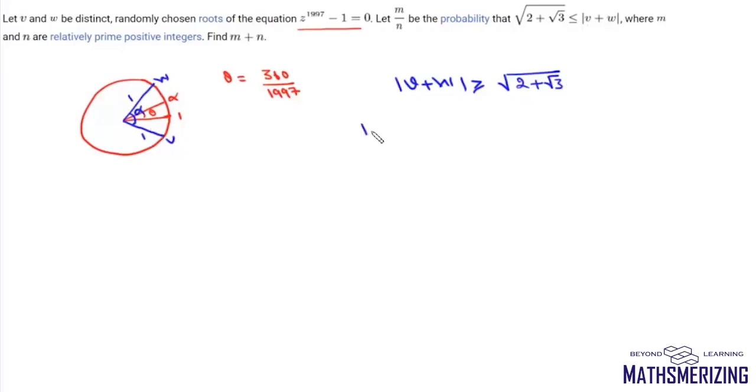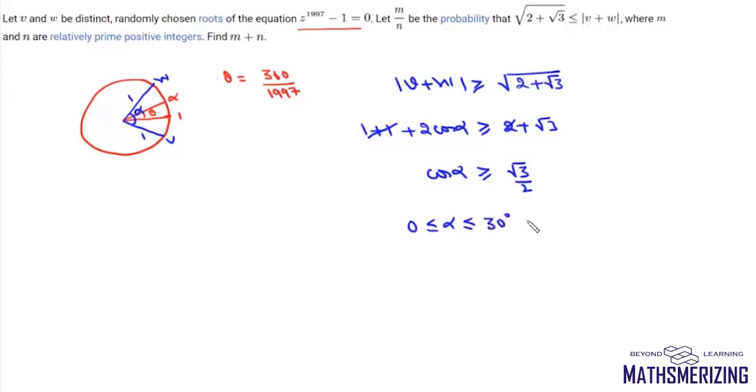So this is 1 plus 1 plus 2 cos alpha, and will be greater than or equal to 2 plus root 3. Now 2 and 2 will cancel. So from here we'll get the condition that cos alpha is greater than or equal to root 3 by 2, or from here we can say the value of alpha should lie between 0 and 30 degrees.